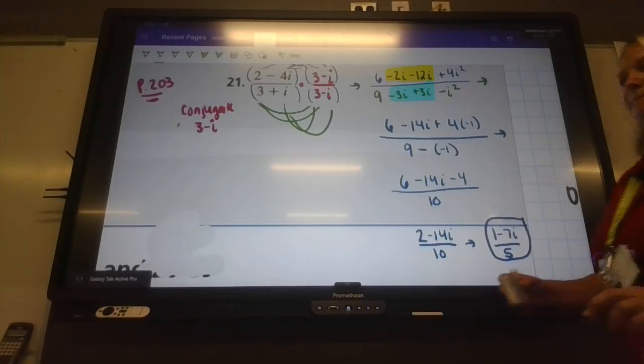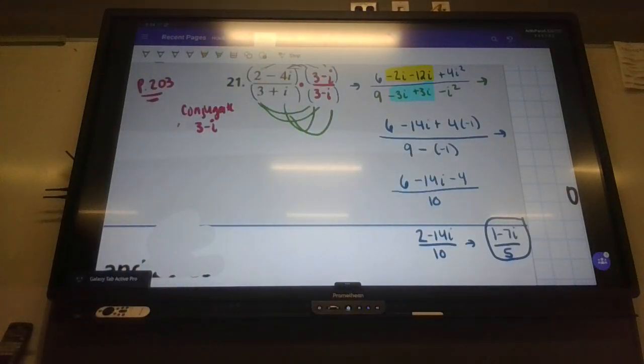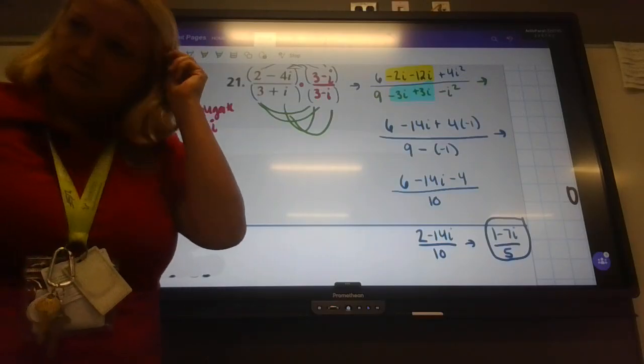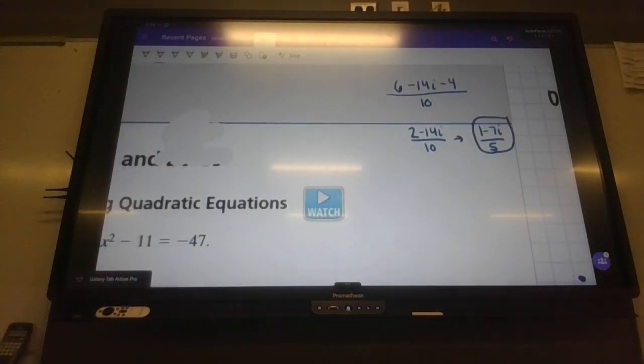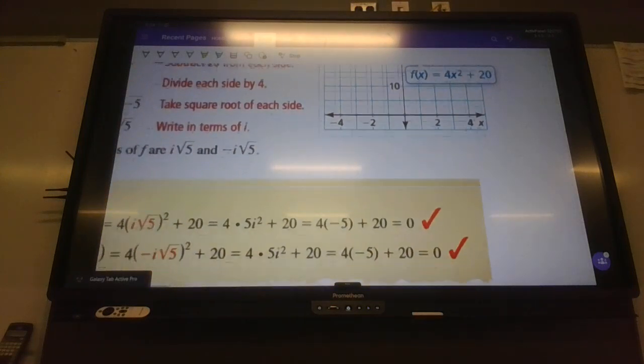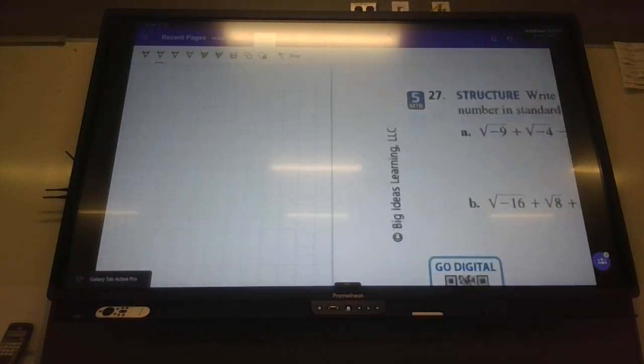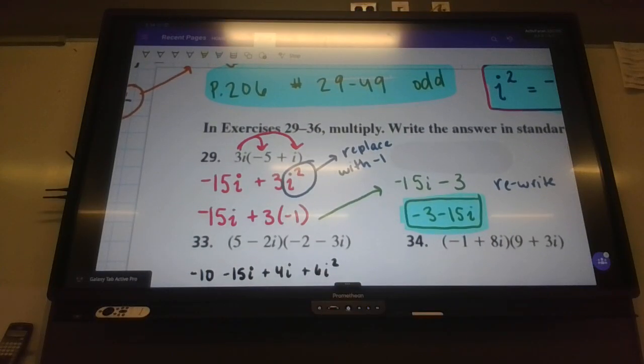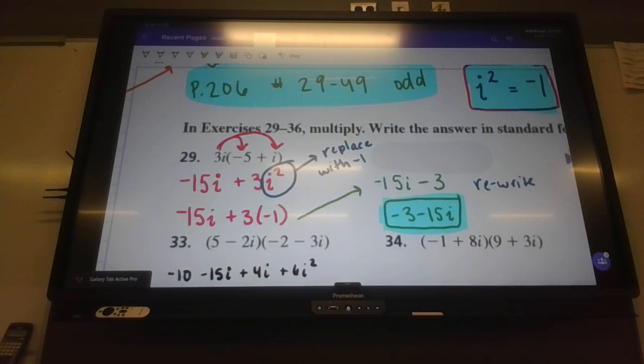Which one should we do? Did you find one? So that's this multiplication.